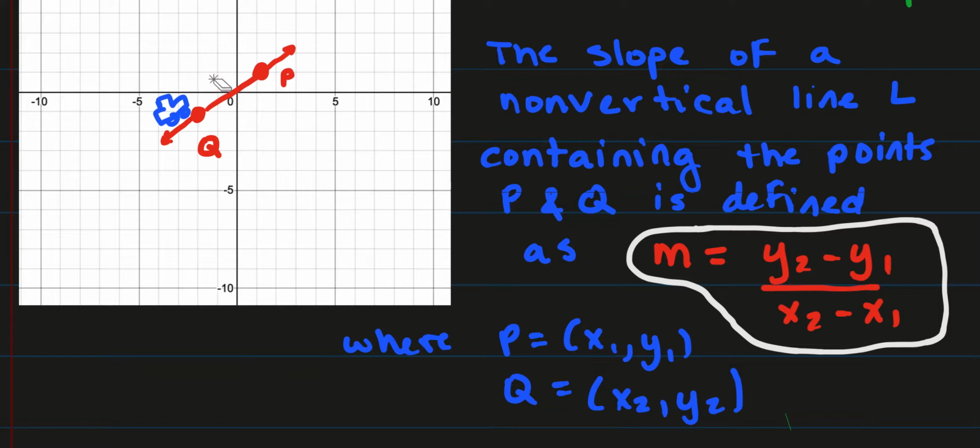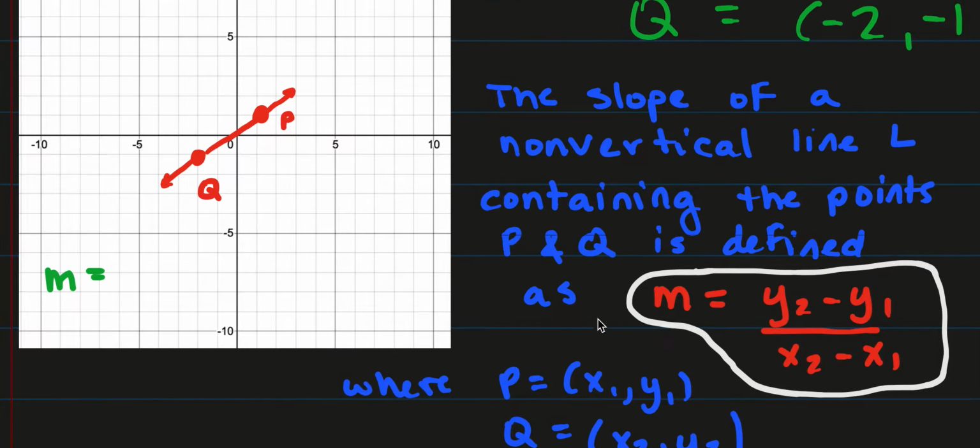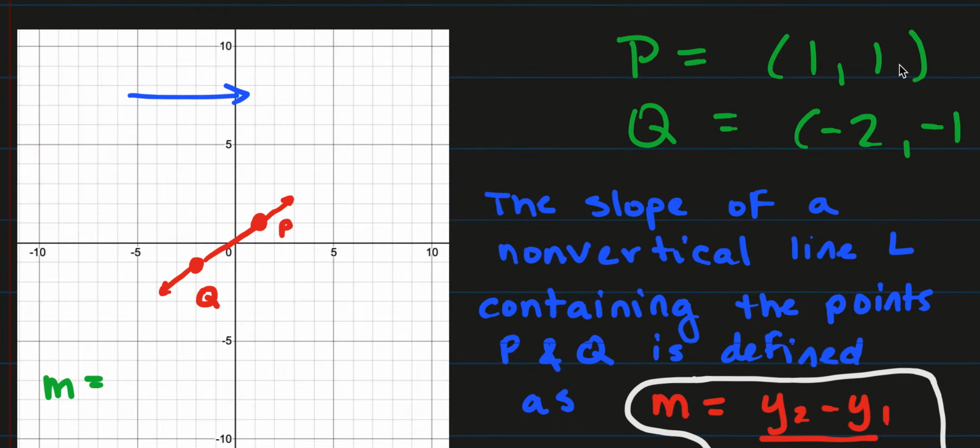Okay, so let's calculate the slope of this line right here. Now I'm letting P be the point (1, 1), so up here, I'm going to put (1, 1) is x1, y1.